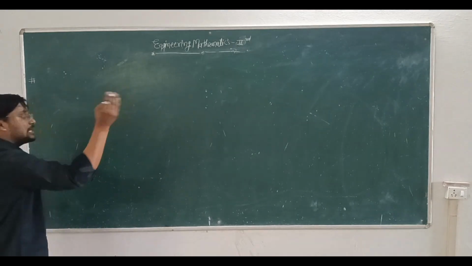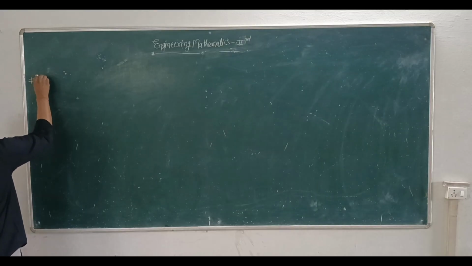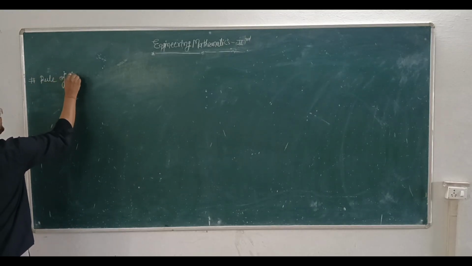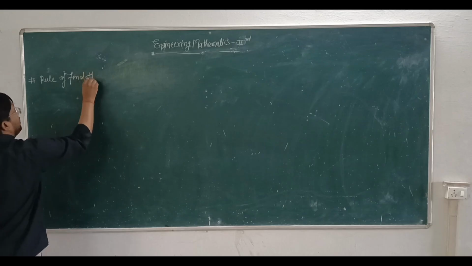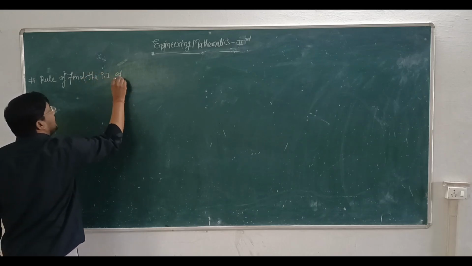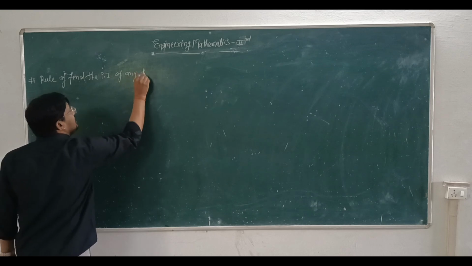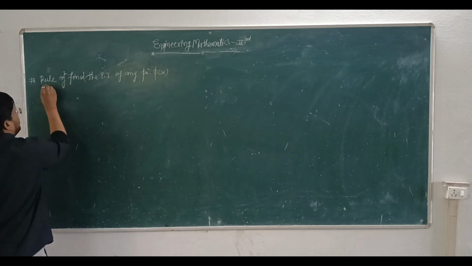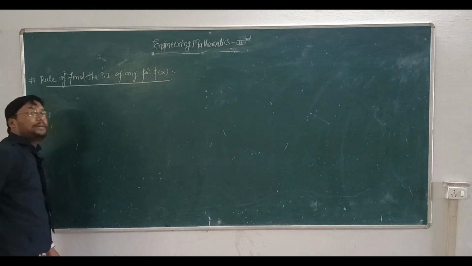Continue this lecture. You can write the rule of finding the particular integral. This means PI of any function phi x. This is the next rule of finding the PI.